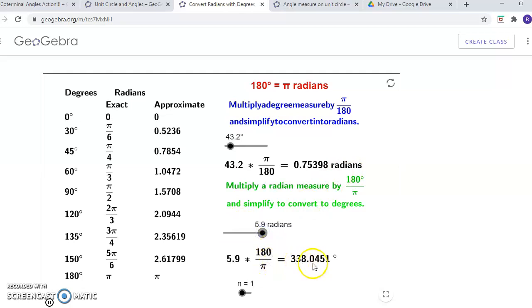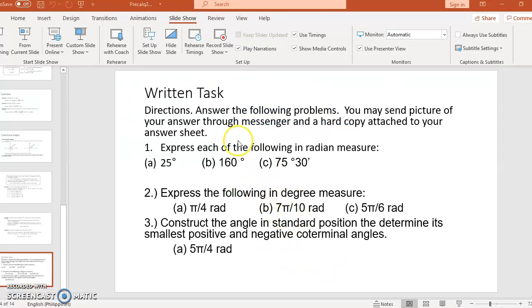And now this is your written task. Directions: answer the following problems. You may send a picture of your answer through Messenger and a hard copy attached to your answer sheet. Number one, express each of the following in radian measures.